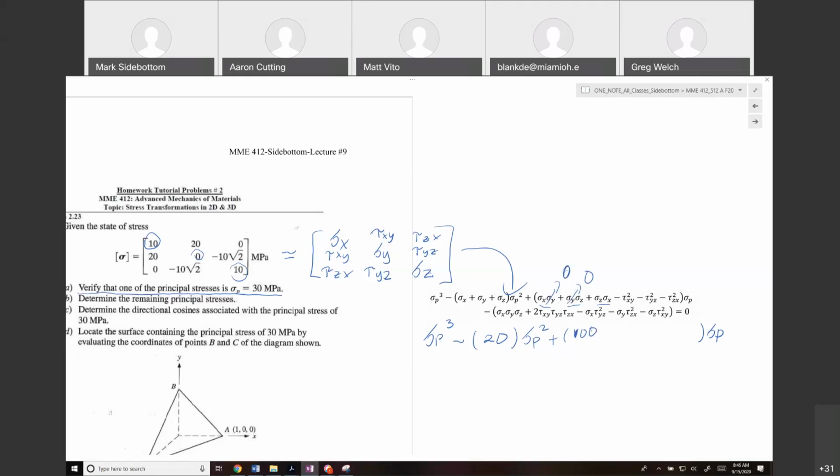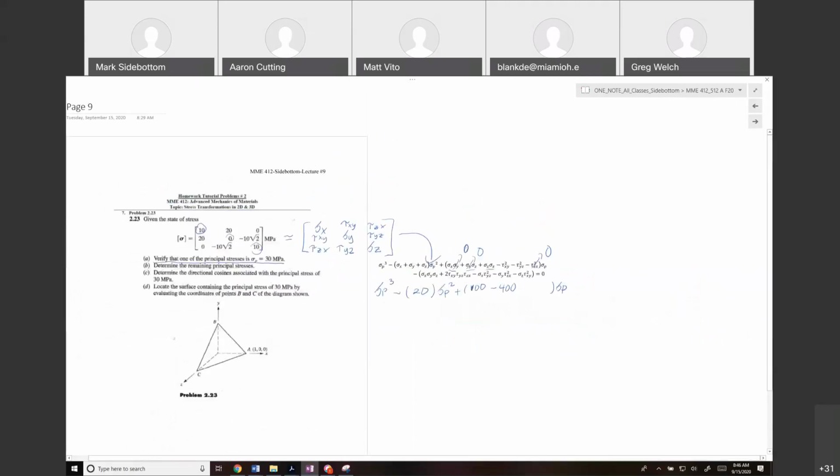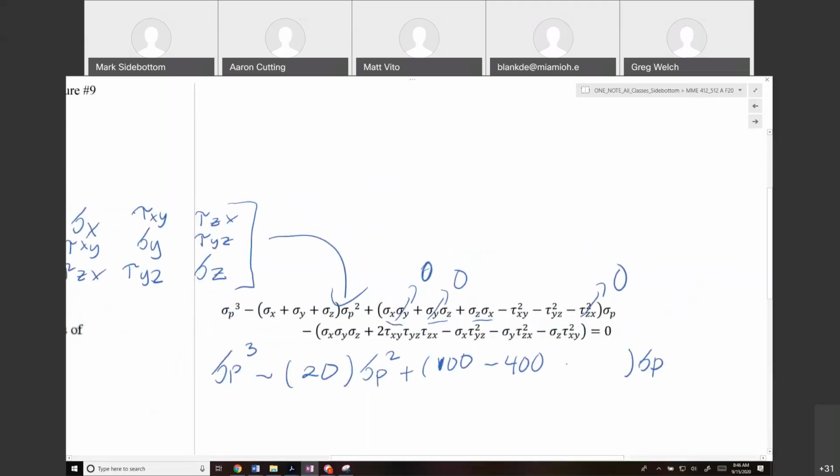Tau zx is 0, so tau zx squared is 0. Tau xy is 20, so 20 squared is 400, and tau yz squared, which is 10 radical 2 squared, is 200. So that would be minus 200.